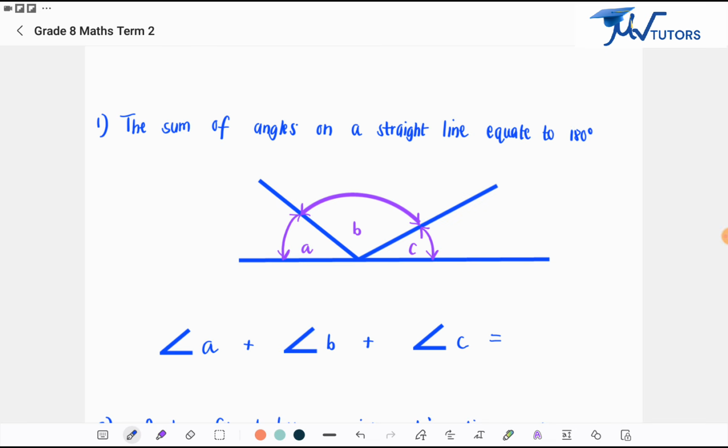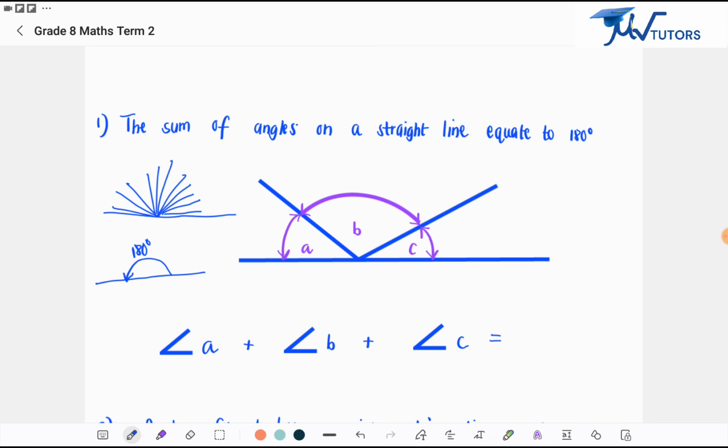So when you add up all those angles, even if you had a straight line like this and, from a point, just a whole lot of lines or angles that form, when you add all of them up, regardless of how many there are, you will always get 180 degrees, because on a straight line, the angle that forms there is 180 degrees. If you take your protractor, put it on a straight line, you will see you will get 180 degrees.